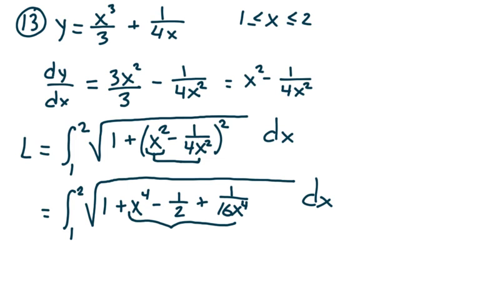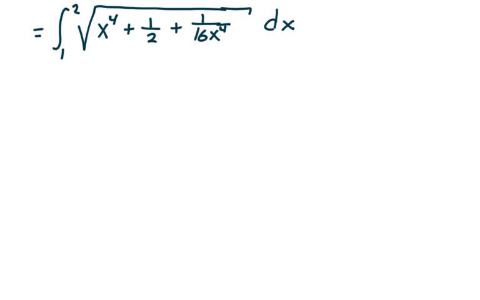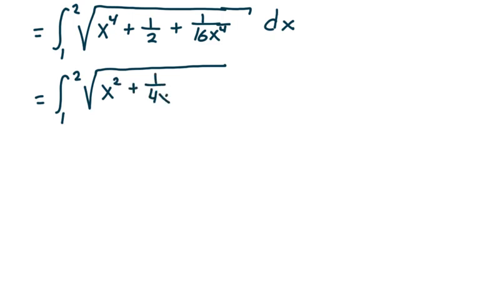Notice how we have a minus 1/2 in the middle. And then I want you to notice these three terms where it's plus 1/2. And it works out really well. And so this is the integral from 1 to 2 of the square root of x squared plus 1 over 4x squared raised to the second dx.